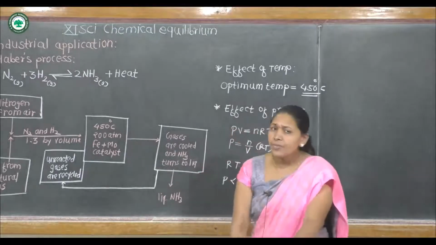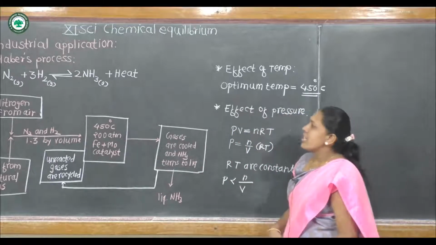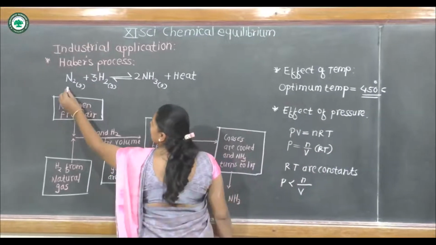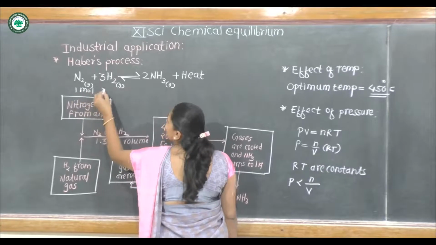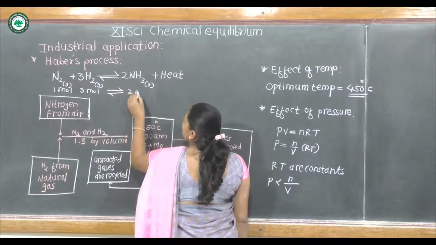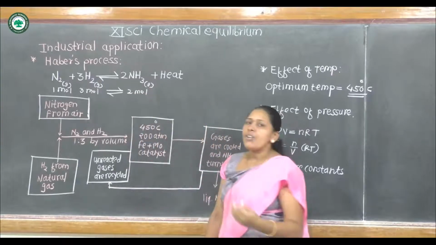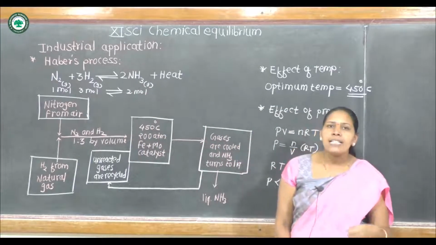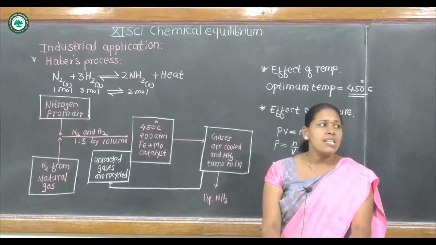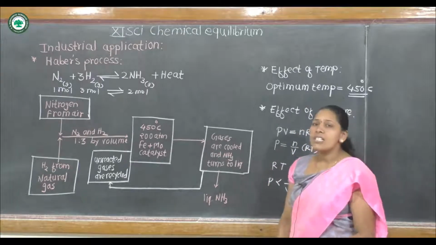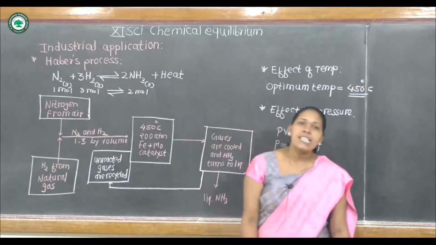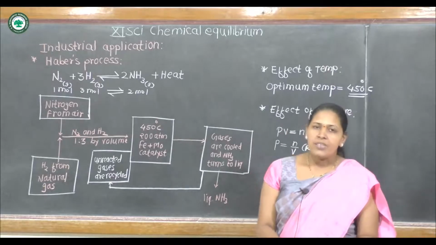Therefore, in this reaction, the forward reaction occurs with 1 mole of nitrogen and 3 moles of hydrogen to form 2 moles of ammonia. That is, the forward reaction occurs with a decrease in number of moles, and the reverse reaction occurs with 2 moles to 4 moles, that is, an increase in number of moles.